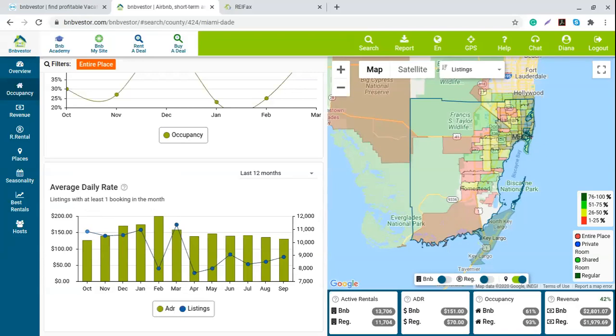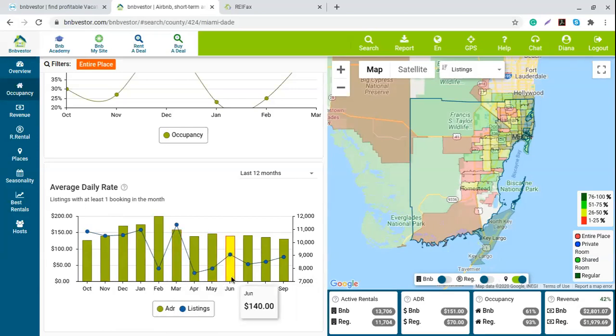Some of them are active, some of them are inactive, but these are people that actually have a booking in this month right here. Again, we can see the information for the last 12 months or for the next 6 months. So let's see how things were. Since October until September 2020, you can see on this bar the amount of money they were charging.